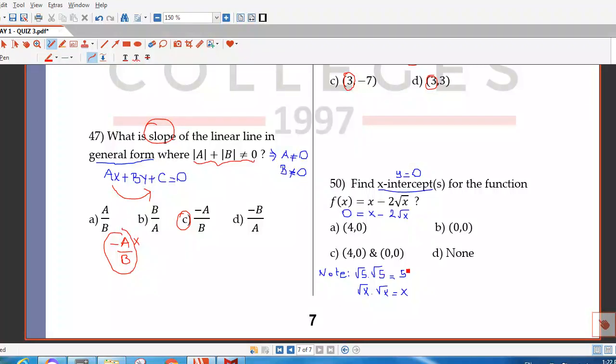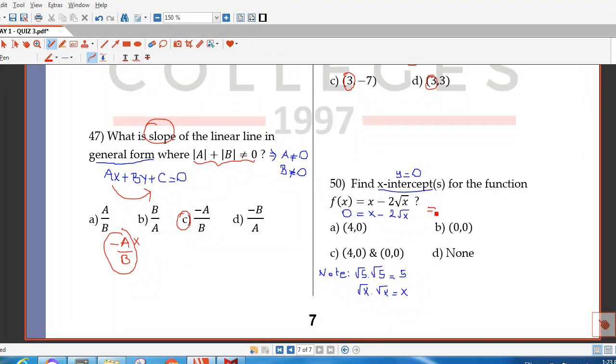If by using numbers we know how to do this operation, root of 5 times root of 5 is equal to 5, or vice versa, 5 can be written as a product of square root of 5 and square root of 5. It is the same for the unknowns. Instead of x, I can write root of x times root of x, or vice versa. The product of root of x and root of x is going to give us x.